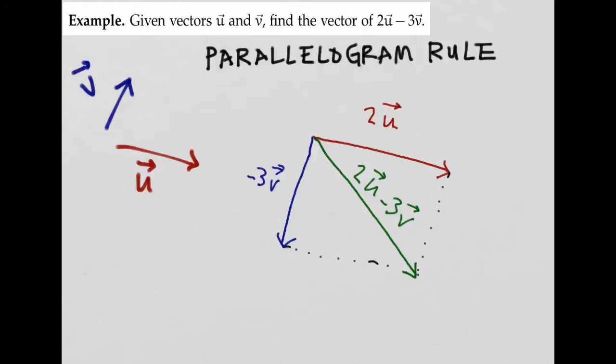Next example. Given point P with coordinates -2, 3, and point Q with coordinates 4, 7, write the vector PQ in component form and find the magnitude of vector PQ. The vector PQ has two components. The first component is as follows.